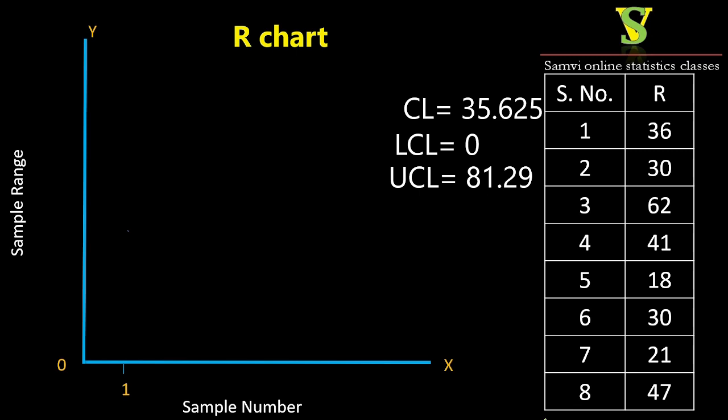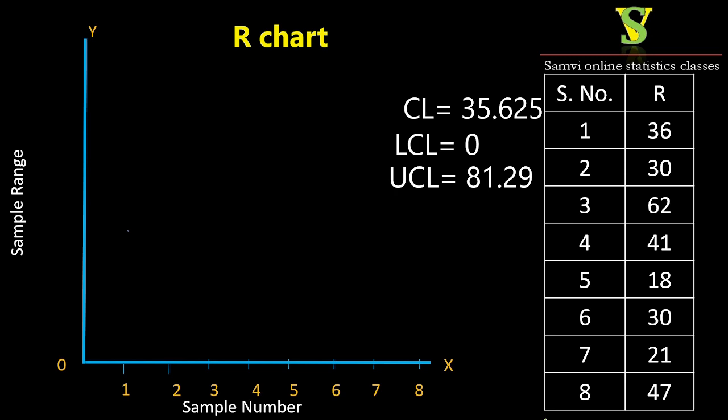So whatever distance you maintain for the first division, maintain the same distance for the other divisions and write 2. Next you have to write 3, 4, 5, 6, 7 and 8. So like this you have to make 8 divisions on the x-axis.